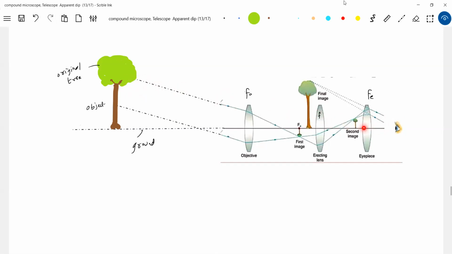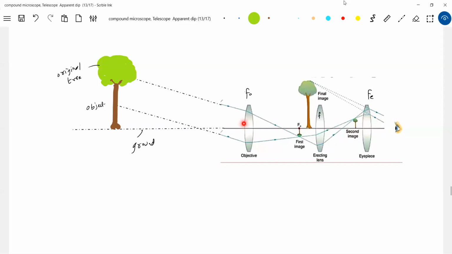Very small. The image will subtend more angle, beta. Am I right? This is the core idea. You should not deviate from this. So what this telescope is doing, it is forming the image near to the eye, which will subtend more angle. More angle means I can see things clearly.